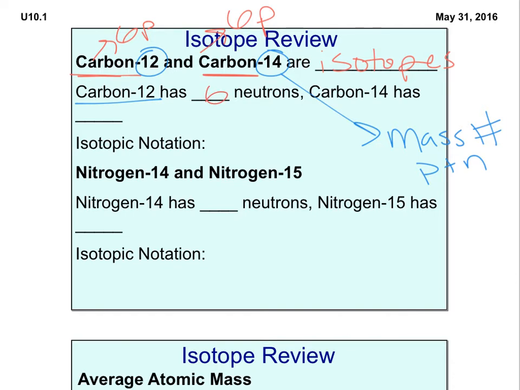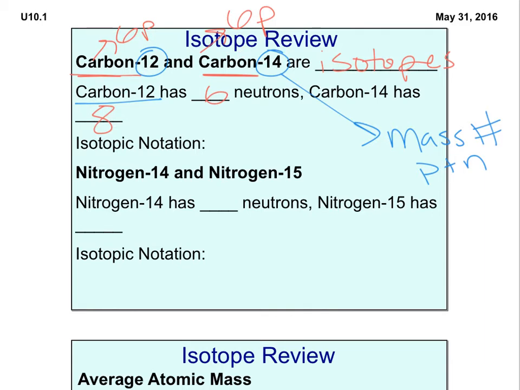For carbon 14 then, to get to that 14, 6 of them being protons, there must be 8 neutrons. So hopefully this rings a little bit of a bell. So that's one way to write out isotopes, is with this carbon 12, carbon 14 method.